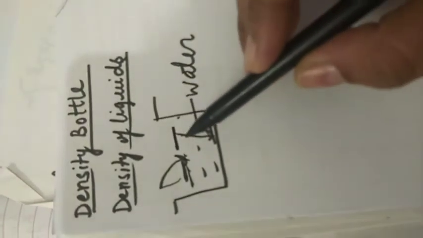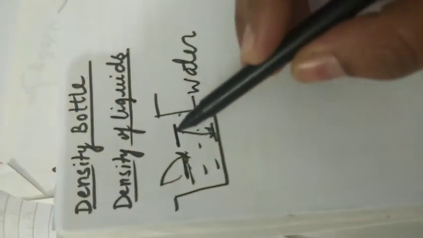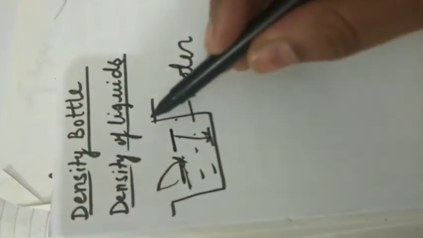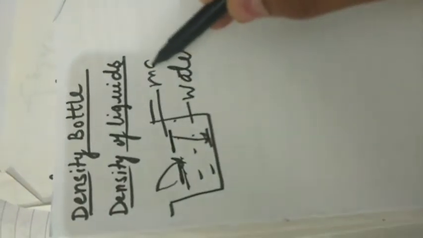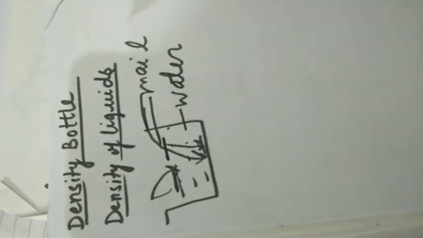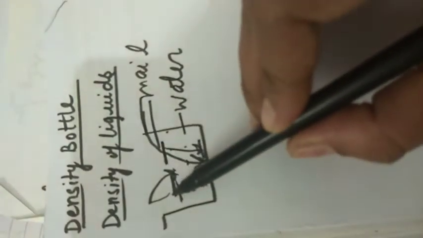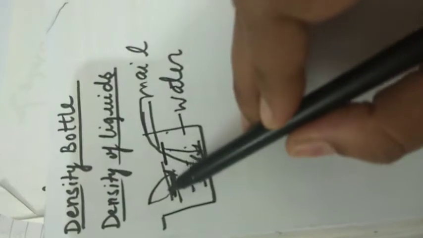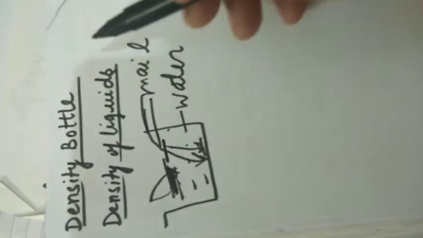Now if we take the example of a nail, if we just drop a nail in this water, what will happen? This nail will sink down. Why? We will study in the cases. Then if we just drop a piece of paper, the piece of paper will float in water.